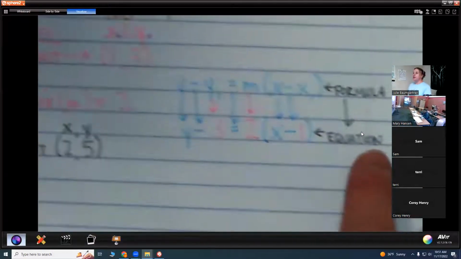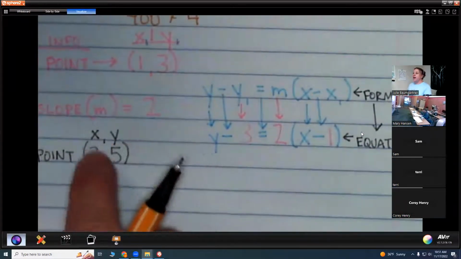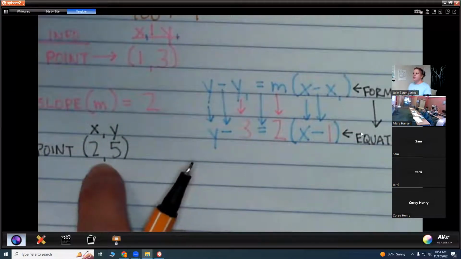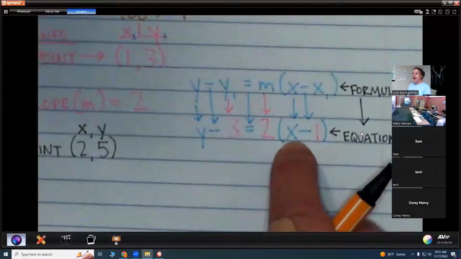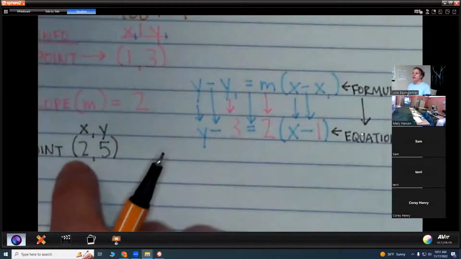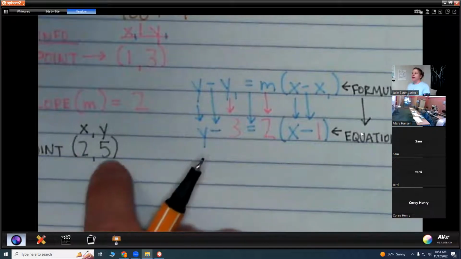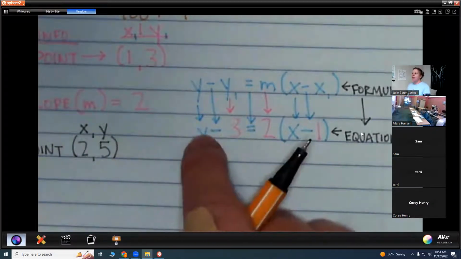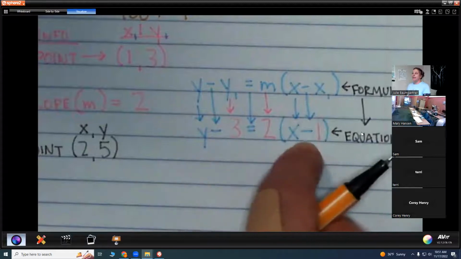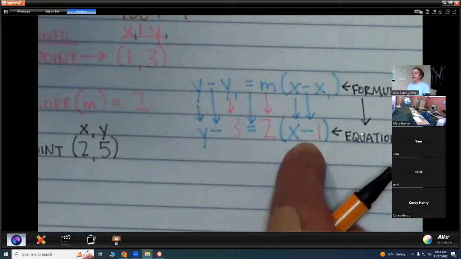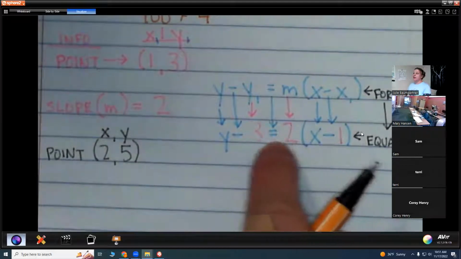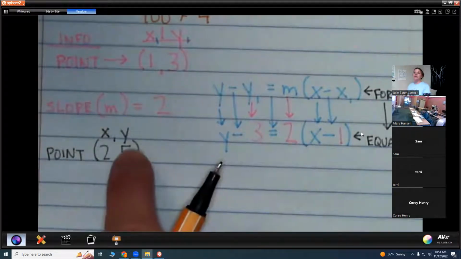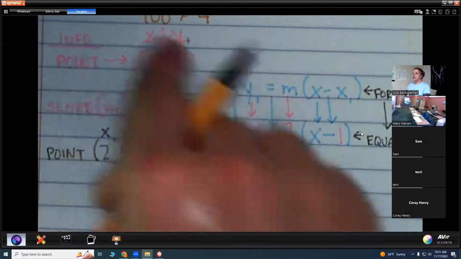So now I take my equation and plug in this additional information. I'm going to replace the x in my equation with my potential point's 2, and plug in the 5 for the y. I'm going to run this calculation and see if it comes out equal. If yes, then the point is on this line.